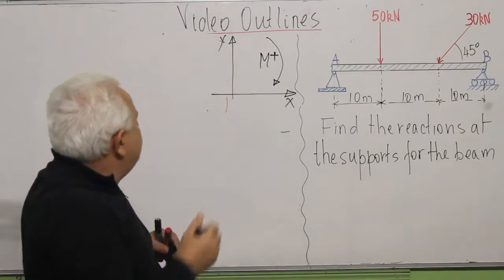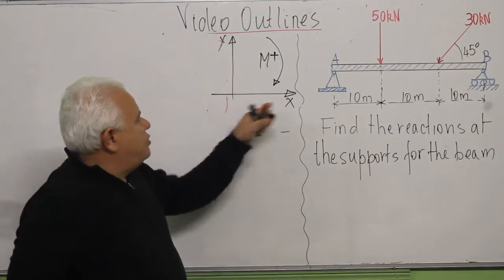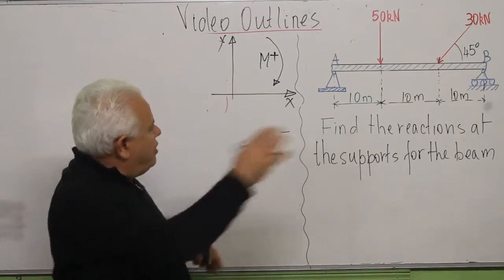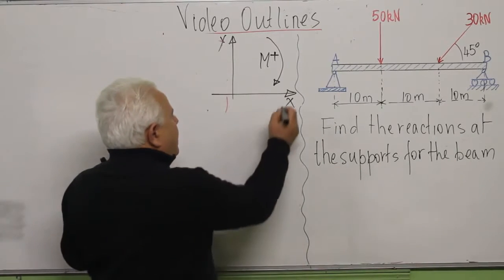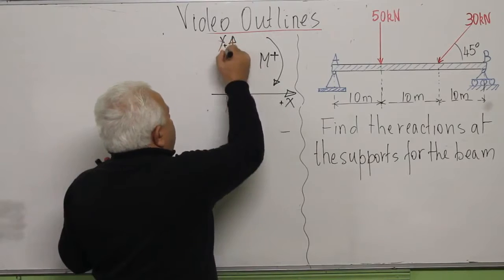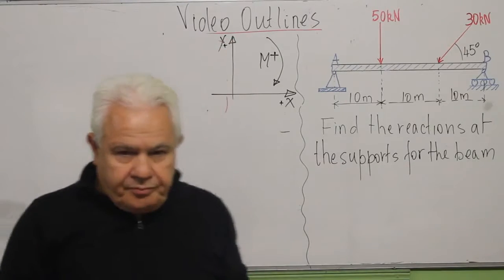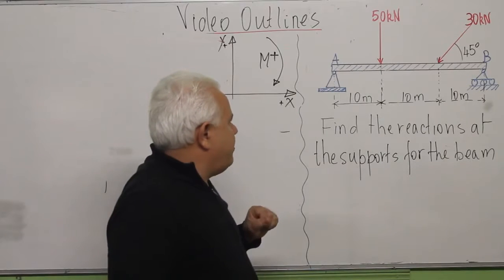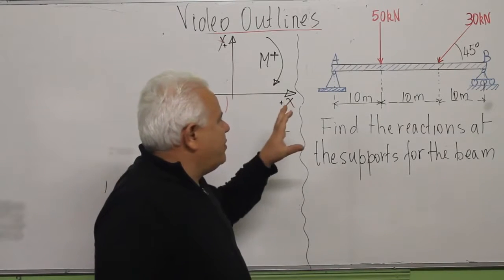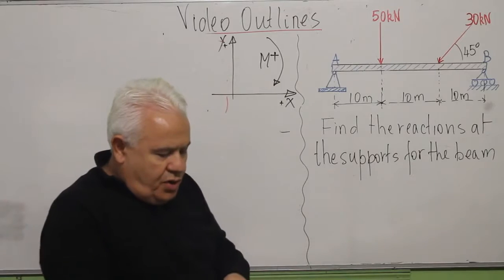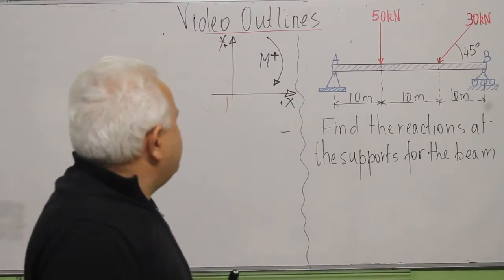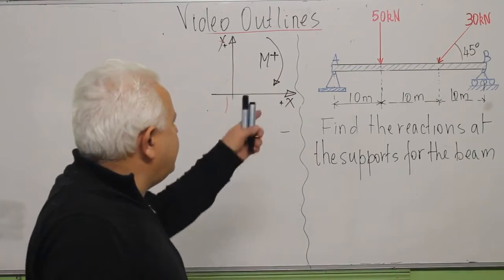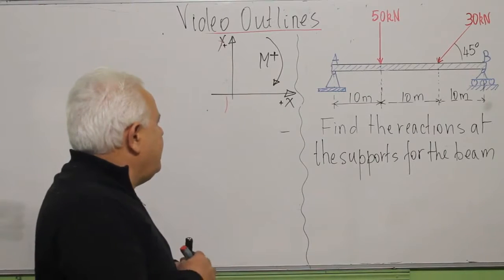So clockwise is positive, X to the right is positive, and up is positive. I will start by calculating the moment, for example, on A, but before doing that, I have to draw the forces acting on A and B.